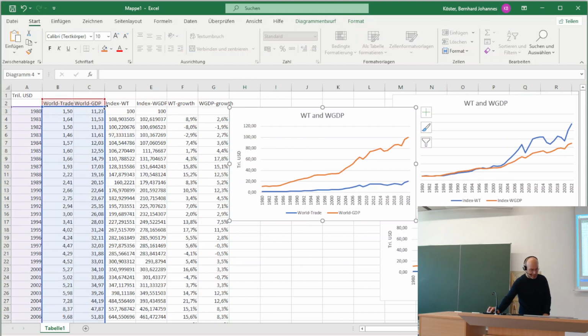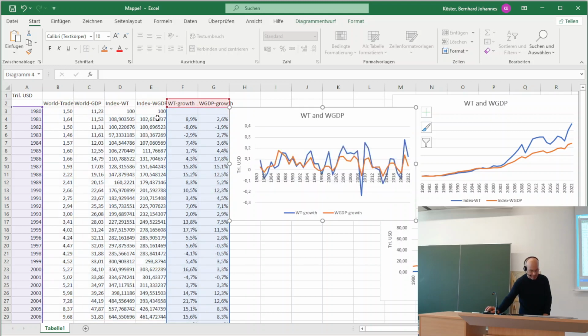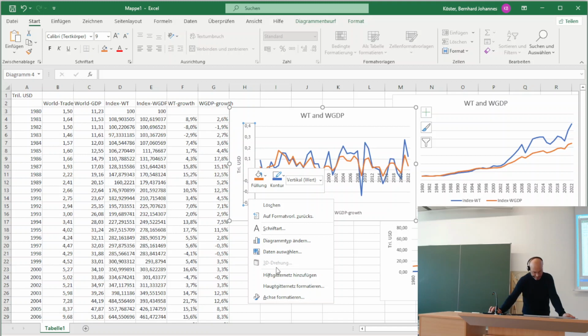Again, we can just move if it works. So on this side, and here we want to have growth rates.